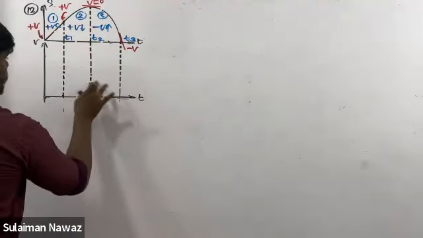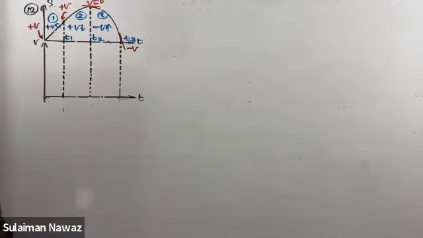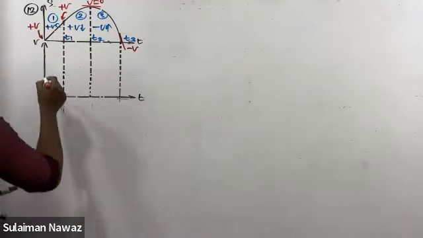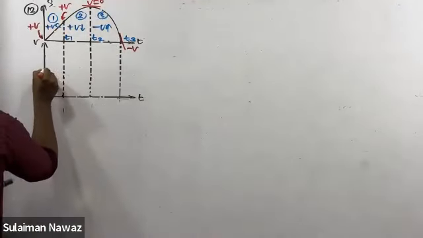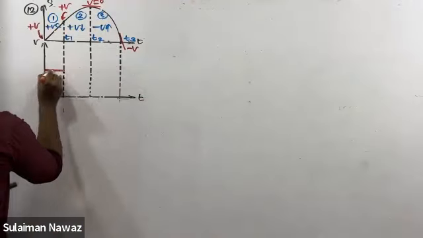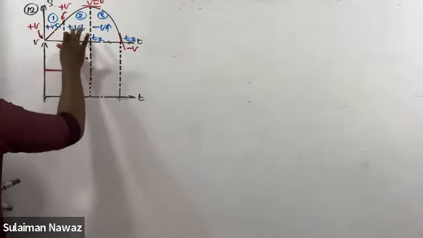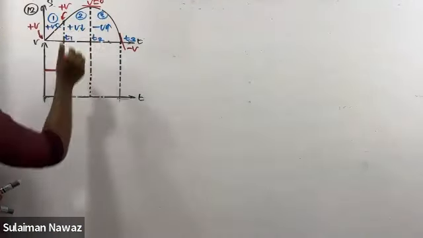In this case, how would you do the graph? Positive velocity constant. Then positive velocity decreases and velocity is 0.